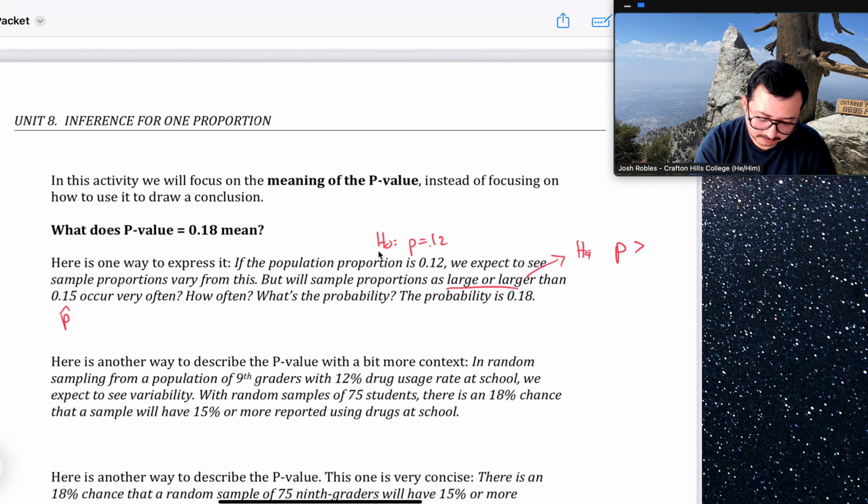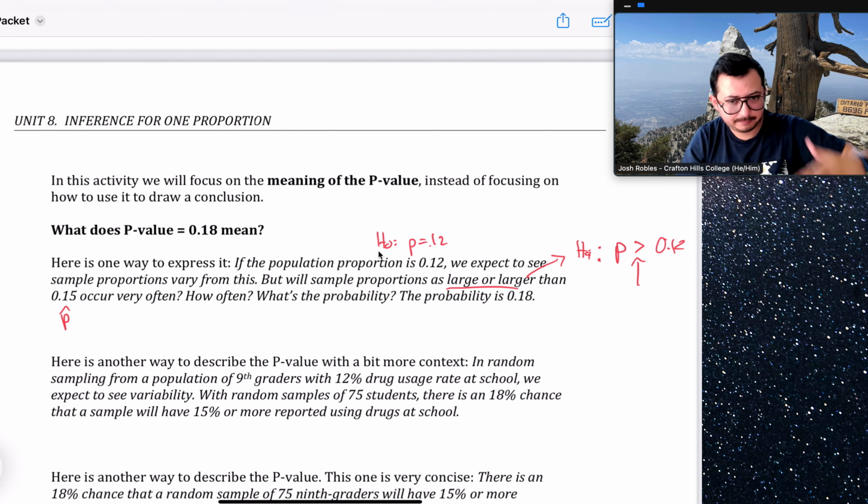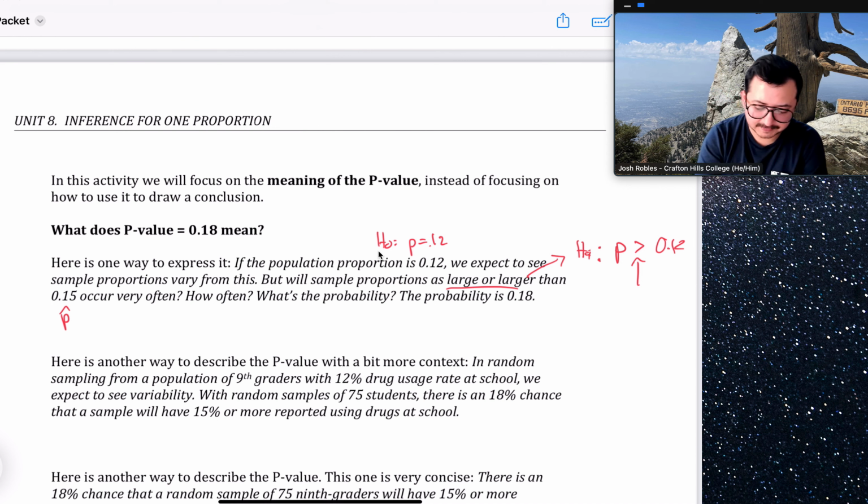Sorry, not greater or equal to, I was just trying to emphasize that. Greater than 12%. So the 15% is the p hat. The probability of being larger than that, assuming the null hypothesis, that's what the p-value is.